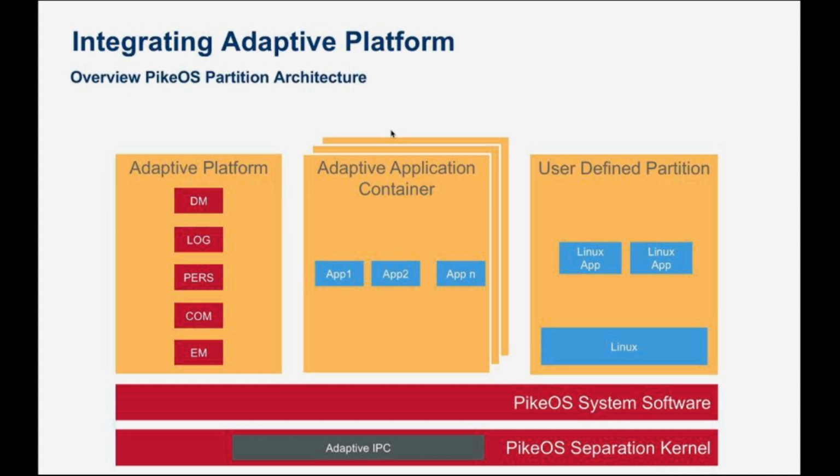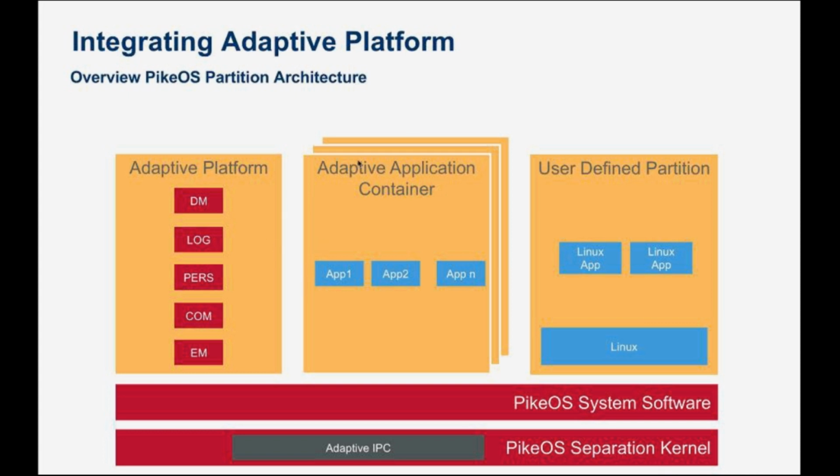And then this would be the AUTOSAR part, and on the other side, you still have the possibility to have user-defined partitions, so you can add any number of partitions that can support other systems that are outside of AUTOSAR Adaptive. So PikeOS gives you a lot of flexibility to enhance and extend the system to match exactly the needs that you have.